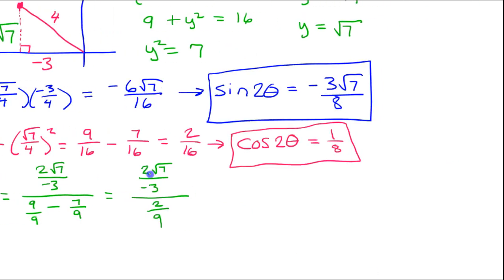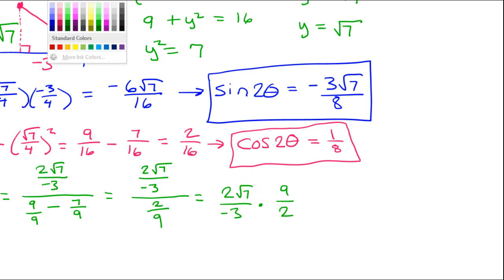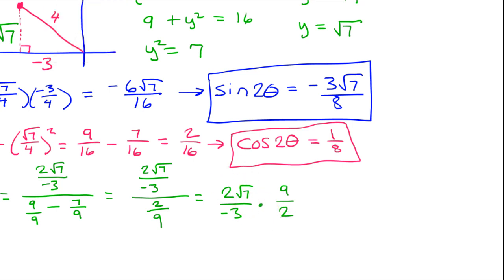Okay, when you divide fractions, you multiply by the reciprocal. So this will be 2 radical 7 over negative 3 times 9 over 2, multiplying by the reciprocal. Now I'm noticing that these 2's will cancel each other out, so they're gone. And also 3 goes into itself once, 3 goes into 9 3 times.